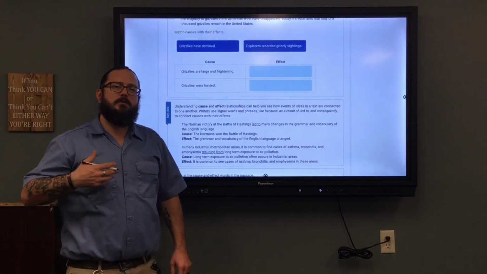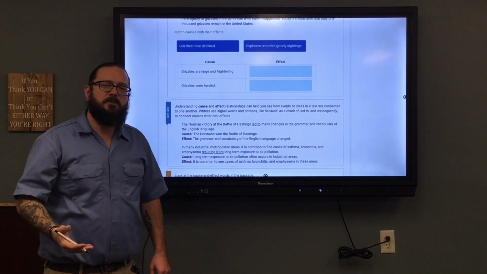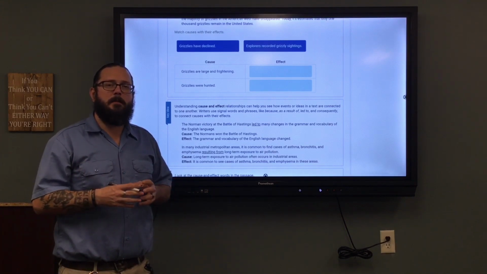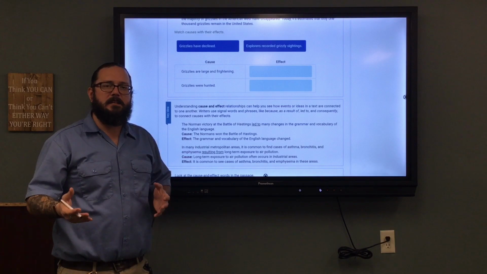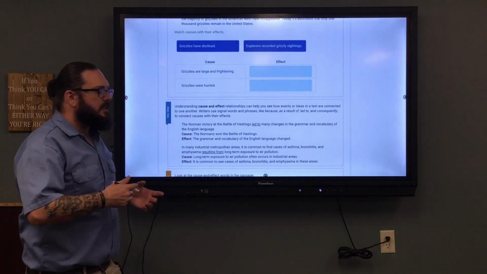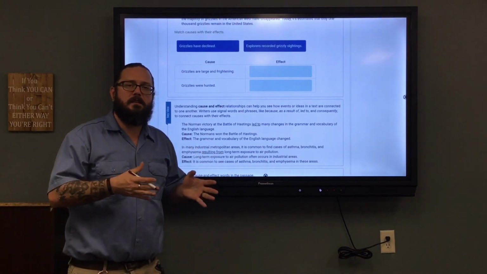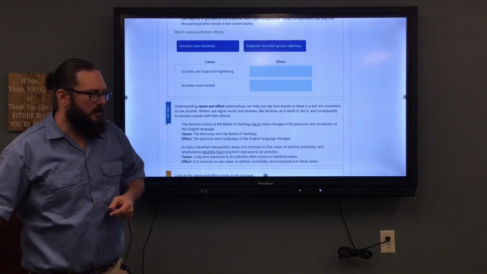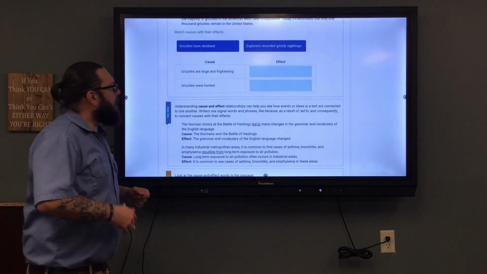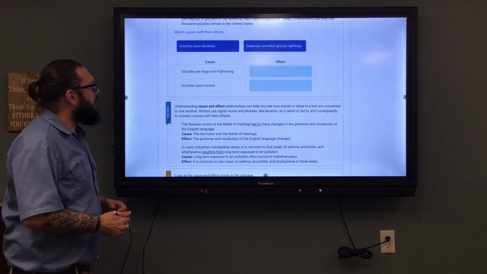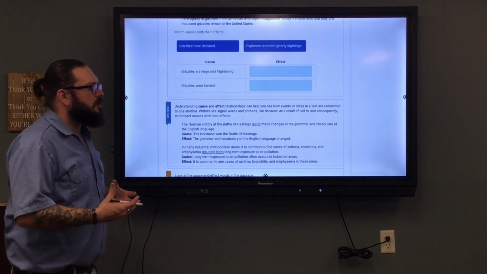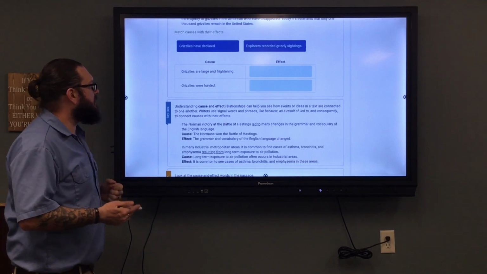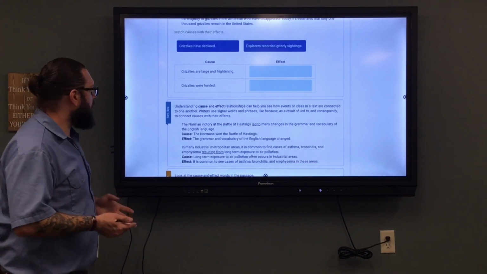An author will use a cause and effect relationship to make connections within a text to describe how two events are related. Specifically, how one event may cause another event to happen. So as you read, the cause and effect relationship is designed to help you see how events or ideas in a text are connected to one another.